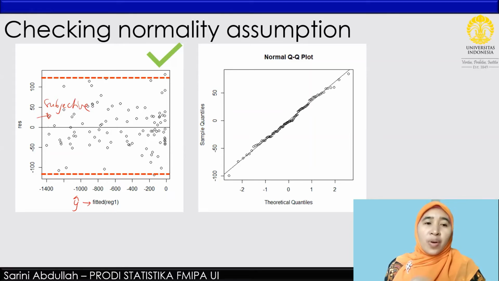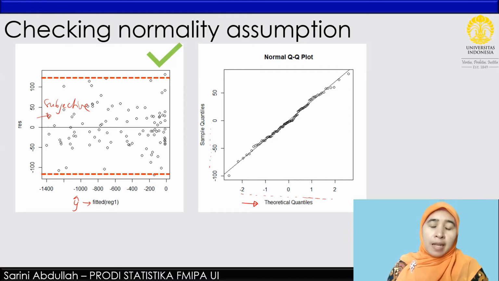A more objective one is through the normal QQ plot, that is by plotting the theoretical quantiles. That is, if we assume that the residuals are from the normal distribution, then these should be the values over here. And this one is the values of the residuals from our sample.